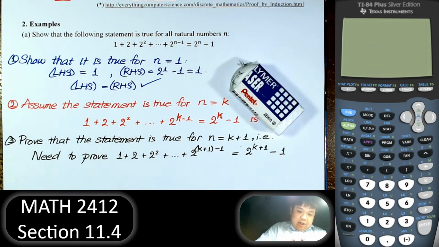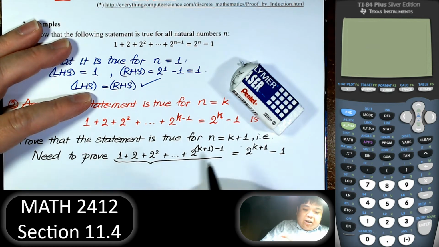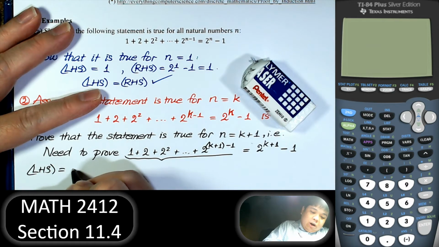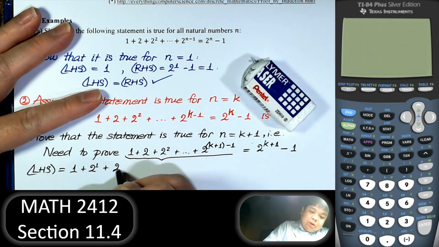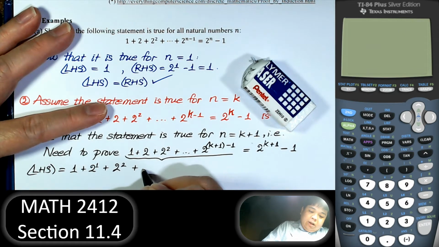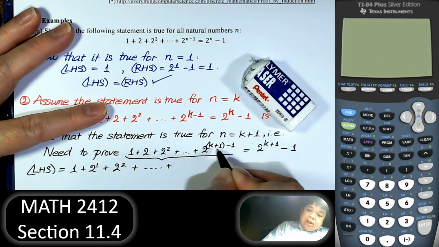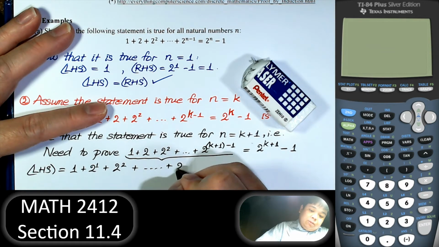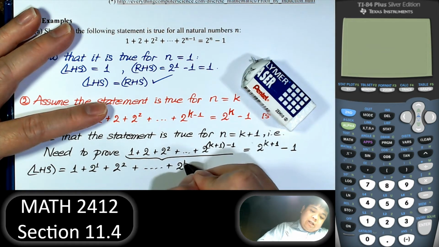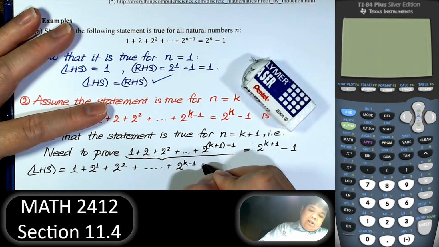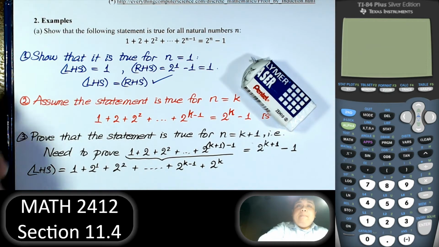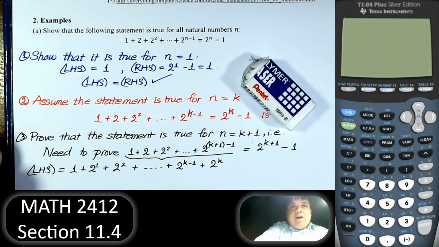So I will take the left hand side here equal to 1 plus 2 to the first, 2 to the second, all the way to 2 to the k minus 1, and then next to that, 2 to the k, right?